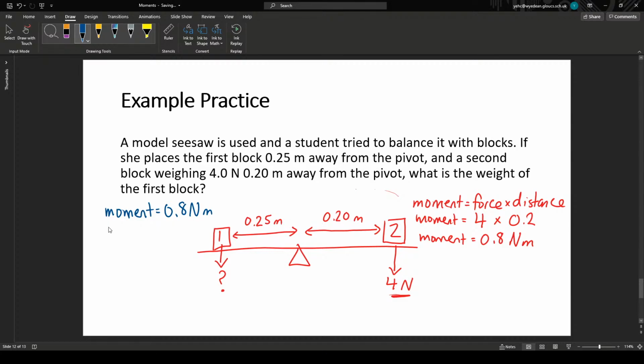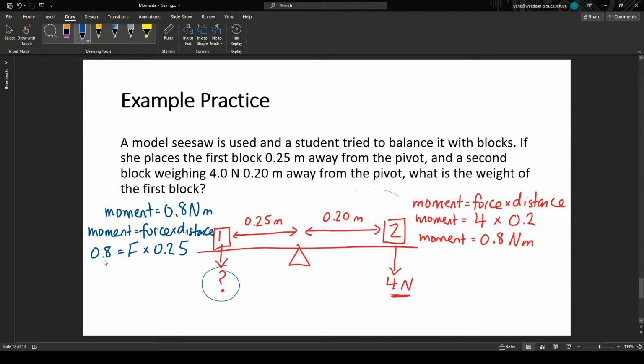Now, what I'm missing is the weight. So I'm going to substitute things into my formula and rearrange for my unknown. So moment is 0.8, because it had to be the same as the other one. My force I don't know, so I'm going to leave it as F. My distance is 0.25.